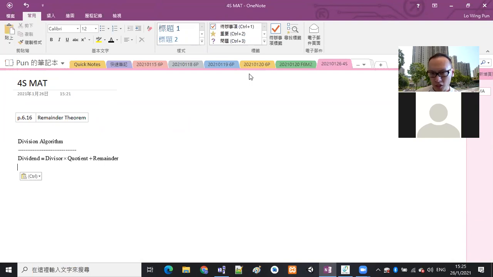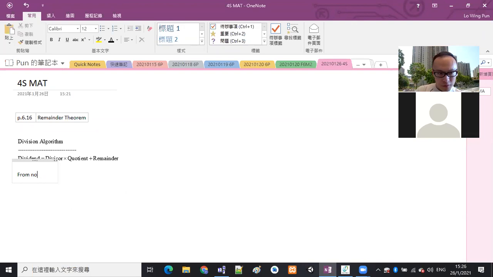Today, in the second part and the later part of chapter 6, we will focus on one special type of division, that is, the divisor is a degree 1 polynomial. Degree 1 means the highest power of x is 1, I mean the divisor.